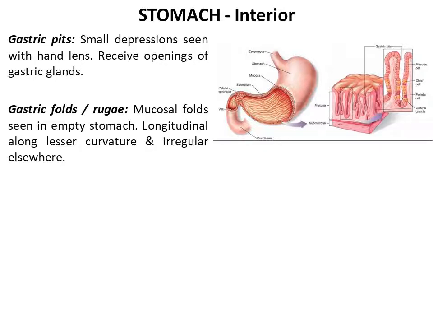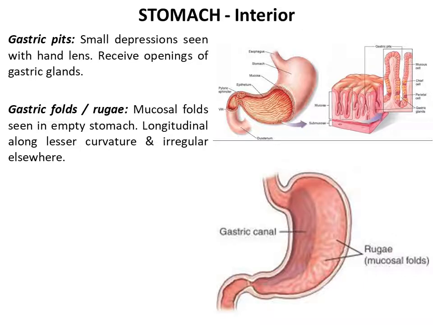Mucosal folds can be seen with the naked eye in an empty stomach. These are known as gastric folds or gastric rugae. These disappear or flatten when the stomach is distended. The gastric rugae are longitudinal along the lesser curvature and irregular in the remaining part of the stomach.